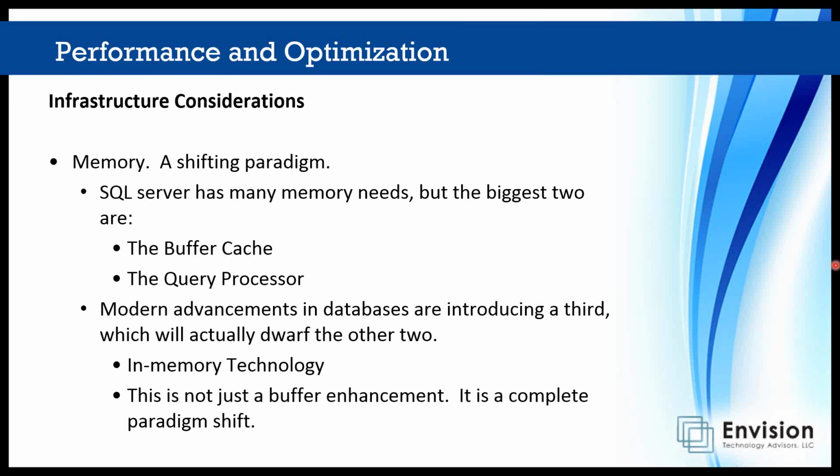And you figure that 60 gig is going to go to all buffering data, so you don't have to go to disk, right? Well, if you take a look, you'll find out that the query processor is stealing a whole bunch of that. That's because every time you issue a SQL statement to SQL Server, the query processor goes in, parses it, figures out what you're asking for, and then builds a plan.